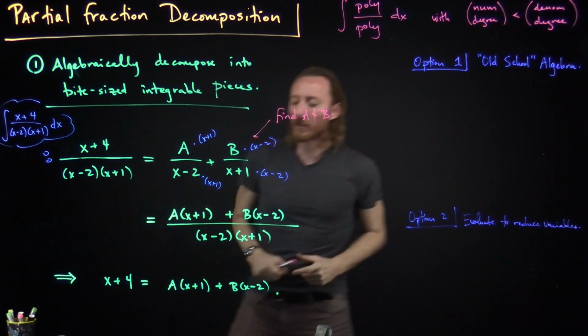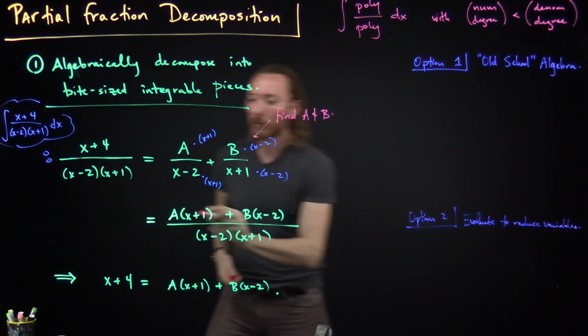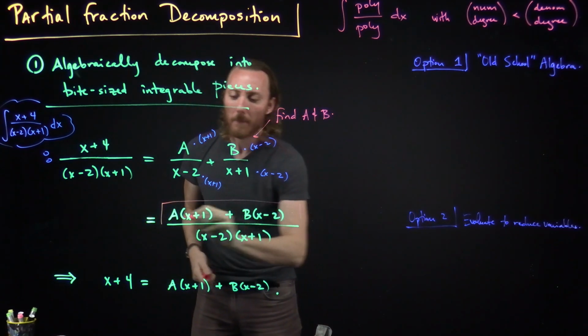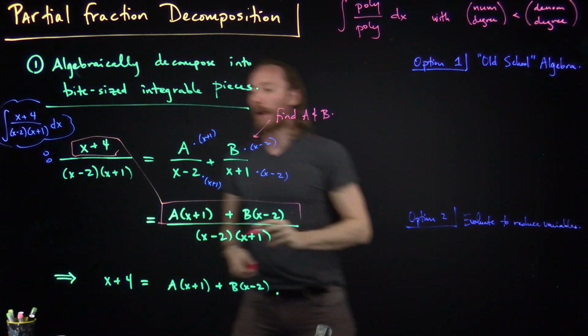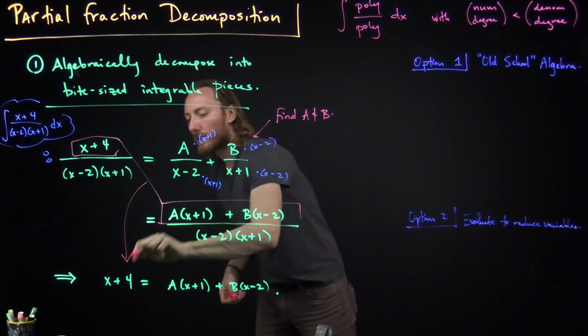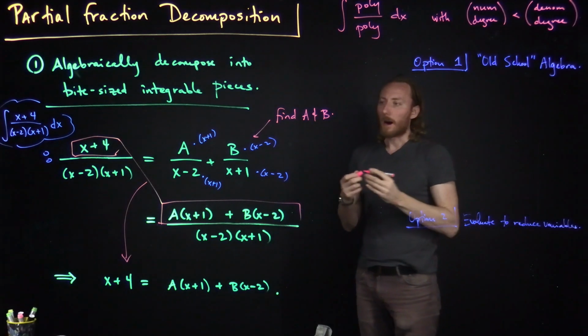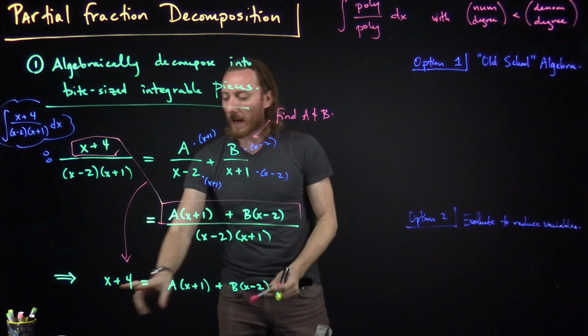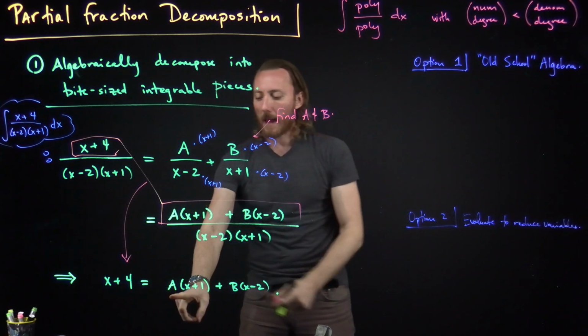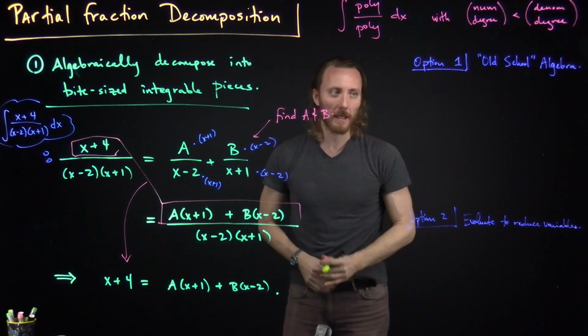Well, if equal fractions have the same denominator, they also have to have the same numerator. And so the numerator on this fraction and the numerator on our original fraction must be equal, which is exactly what is said below. Ultimately, by doing this first sort of setup, we've got that x plus 4 is equal to A times x plus 1 plus B times x minus 2.